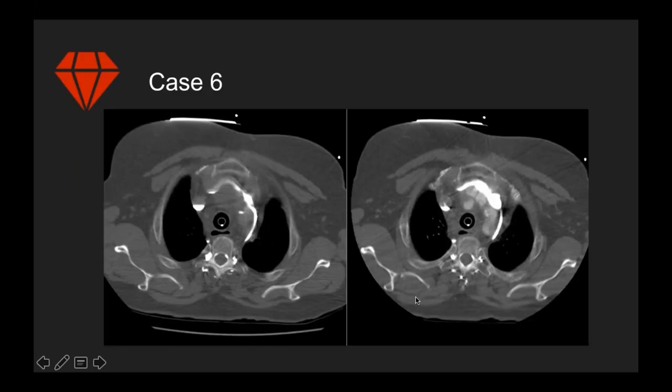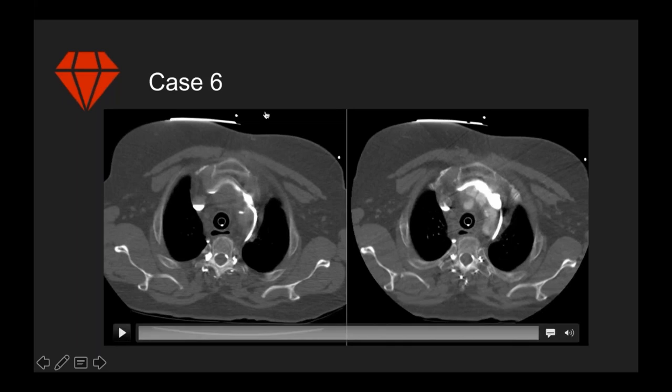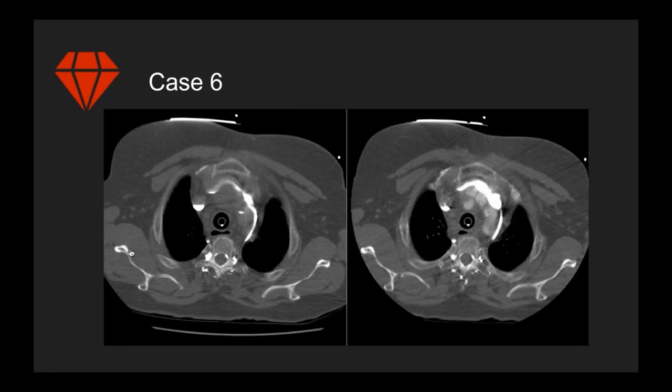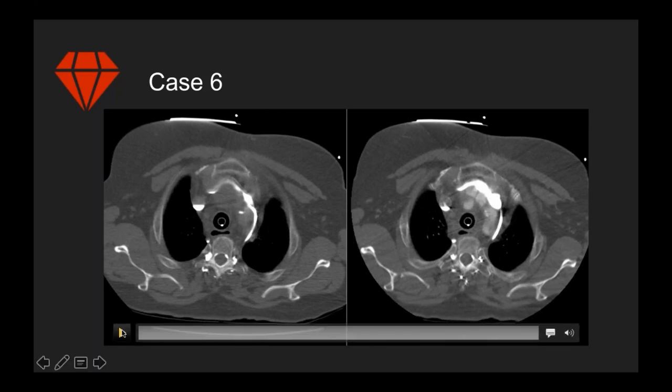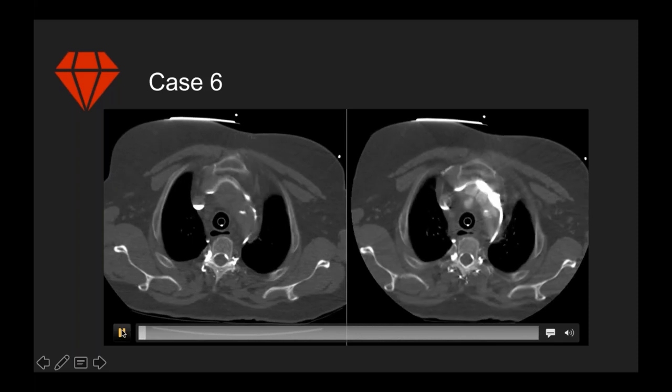Okay, so we're doing really well here. We're on to case 6 already. This was actually another CTPA done in a patient presenting with chest pain. And we're just going to have a look at these scans.